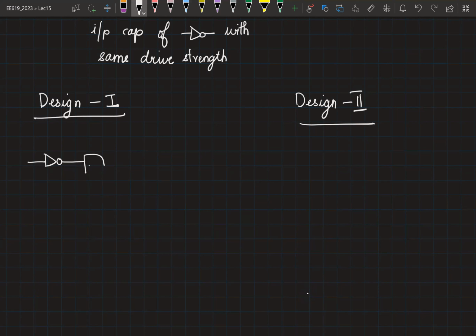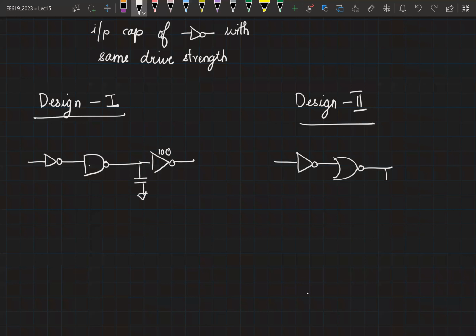Let's say here I have a NAND gate, and this is driving some very large load. And let's say this load is contributed because we have an inverter which is sized 100 here. Now I have another design where instead of the NAND, I have a NOR, again driving the same load.